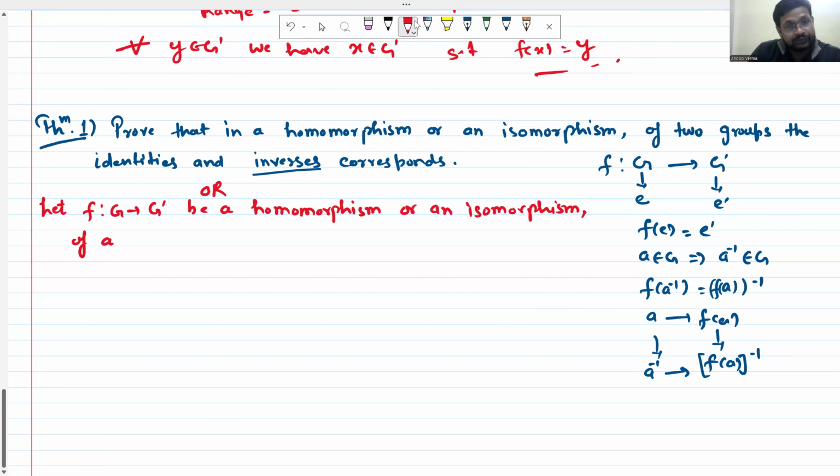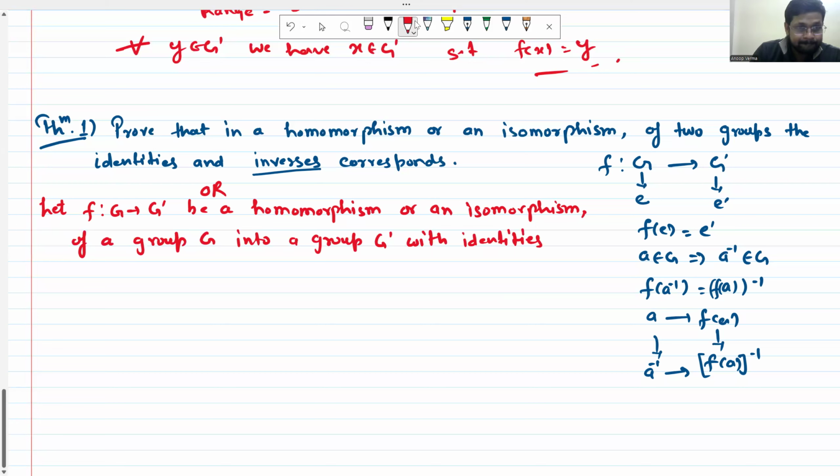Of a group G into a group G dash with identities E and E dash.